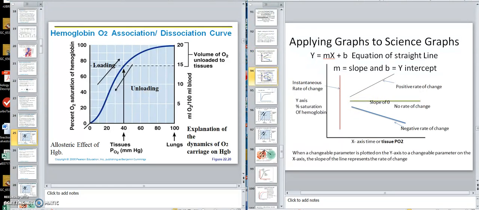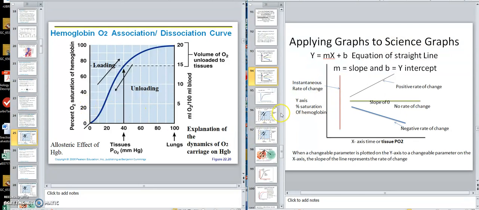Now I'm going to apply it to a science graph. When we plot a changeable parameter on the x-axis, like time, or tissue PO2, which is what we apply here, and another changeable parameter on the y-axis, it could be anything, gross national product for that matter if you applied it to business graphs.